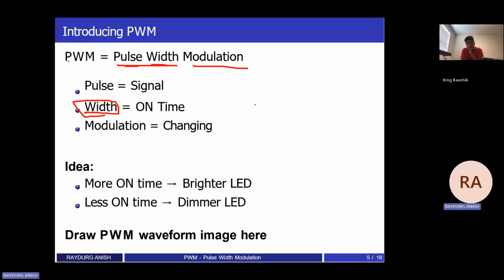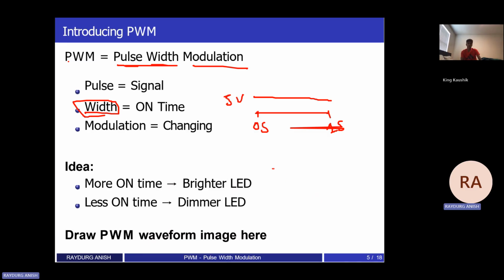So suppose initially, let us say this is 0 seconds and this is till 1 second. If we do digital write high from 0 to 1 second, it will be at 5 volts.